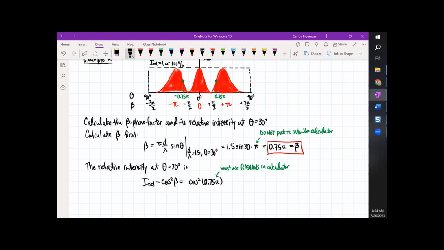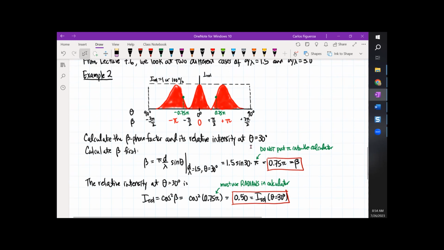So if I compute this number, here's what I get: 0.50. Not a surprise, because it's smack in the middle. It's going to then be the relative intensity at theta equal to 30 degrees. So now I know what that intensity is.